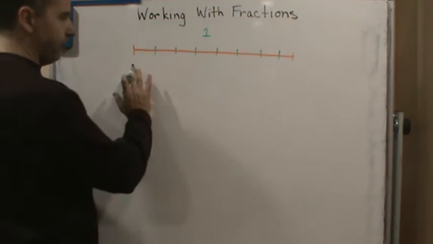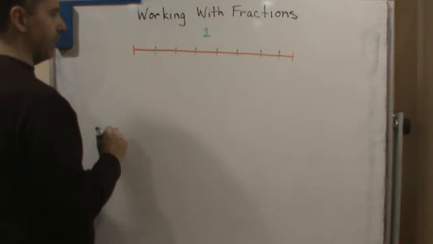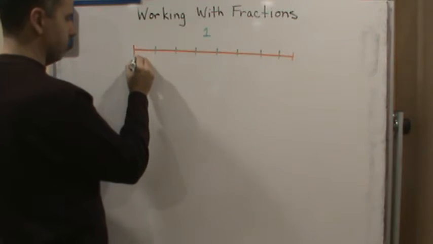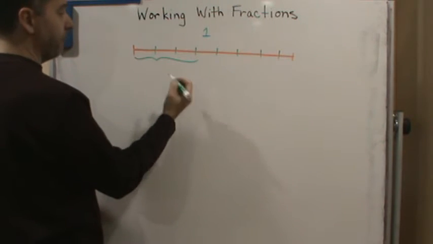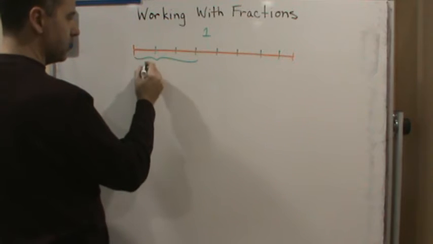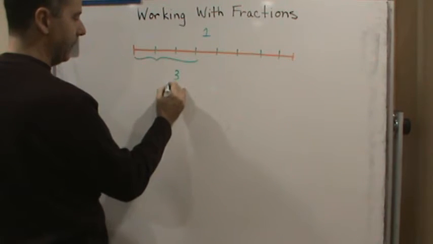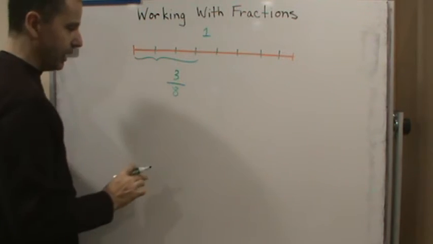So if I have 8 equal pieces, and I want to take 3 of these pieces, then I'm taking 3/8 of the whole thing, right? So this part here represents 3/8, and this is the 1/8 piece.